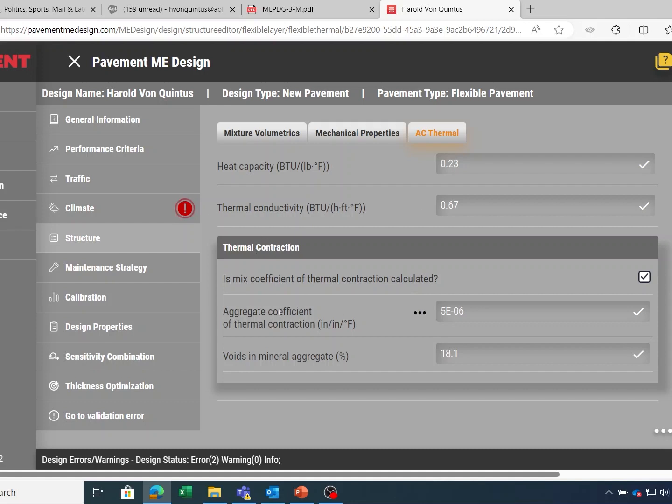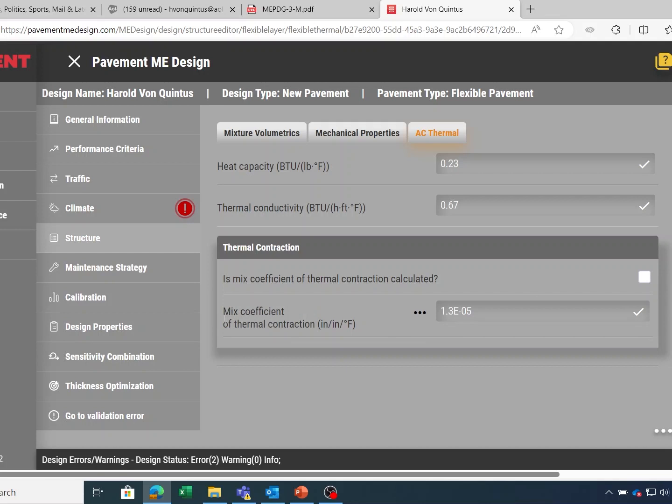However, there are agencies that have detailed information on the asphalt mixtures where a value is entered for the mix coefficient of thermal contraction that is binder and aggregate type specific within the agency itself.